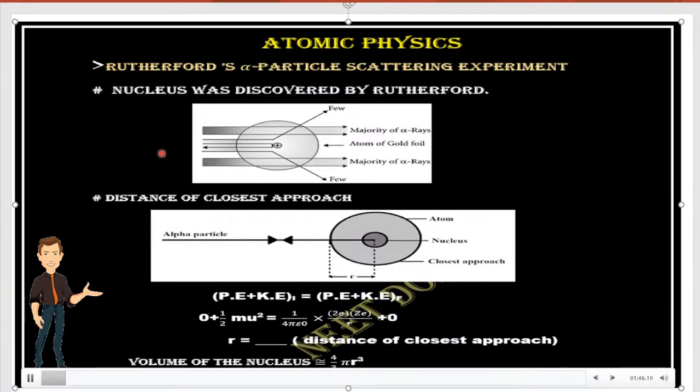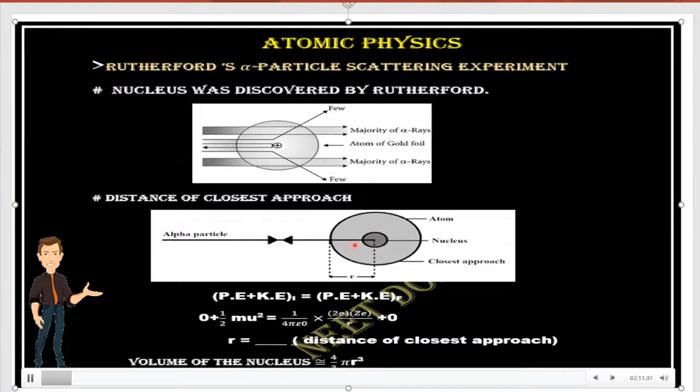Next subtopic is distance of closest approach. Here it is related to the ray which is deviated exactly. Initially let us assume it is traveling in a straight path. It has reached near some atom, and it is reflected.